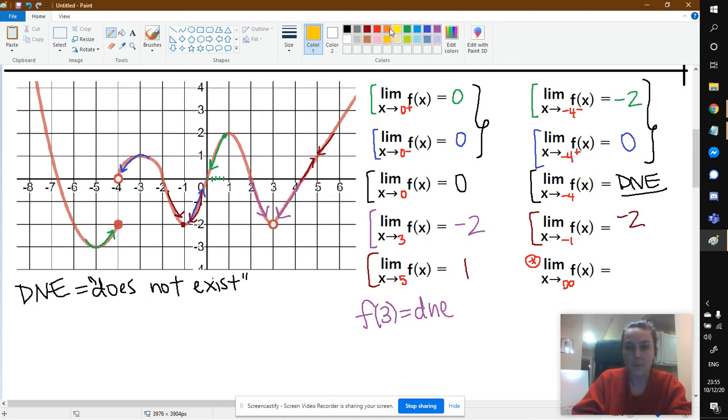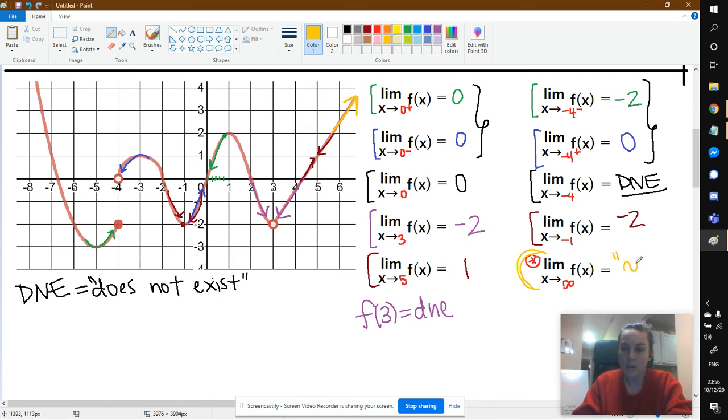And then a look to the future. The limit as x approaches infinity. This is what we think of as our horizontal asymptote or the end behavior of functions. As x approaches infinity, this is talking about the end behavior of this function.